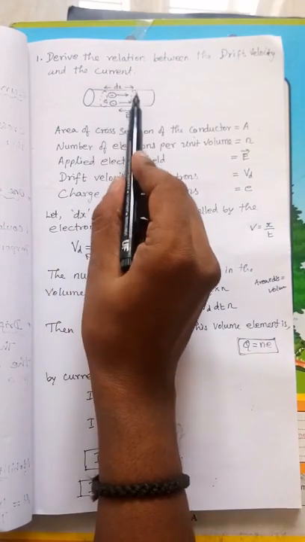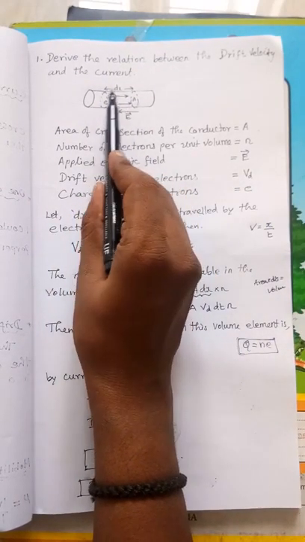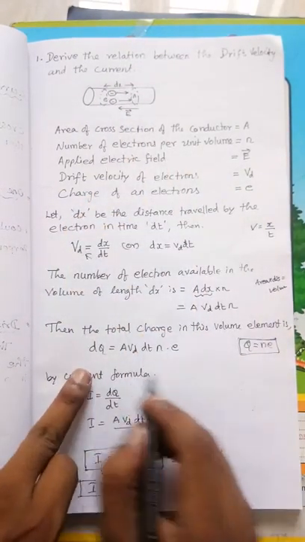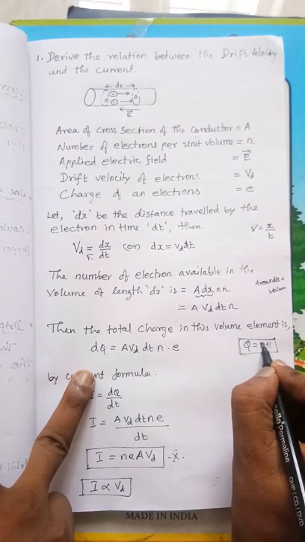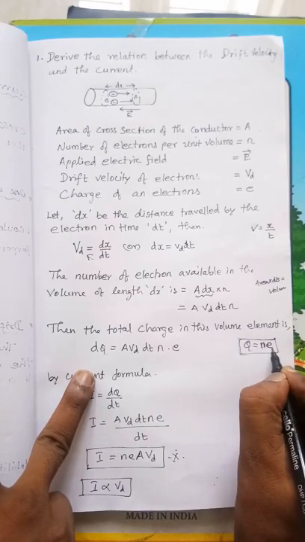Now we want to find the total charge in the distance dx. You know the formula Q is equal to Ne from the first lesson: charge equals number of electrons into charge of an electron.